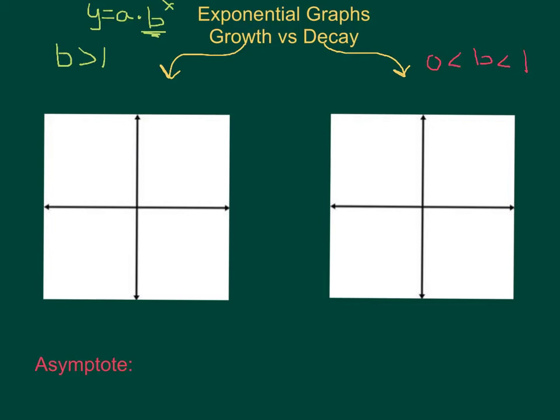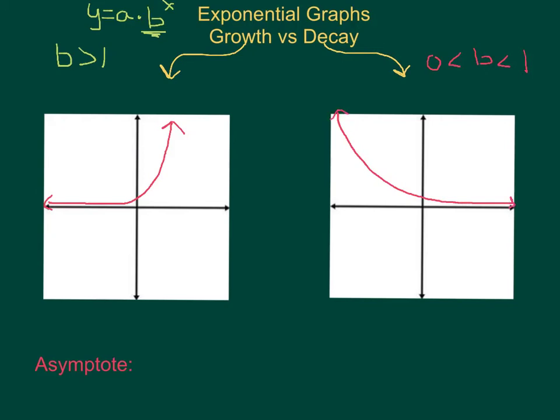And what the graph looks like on exponential growth, it is going to be very, very close to the x-axis, but it will never touch it and it will never cross, and then it increases quickly on a curve. And then exponential decay, it's decreasing, so it's starting out and then it's decreasing on the curve, and it will get very, very close to the x-axis, but it will never touch or cross it.